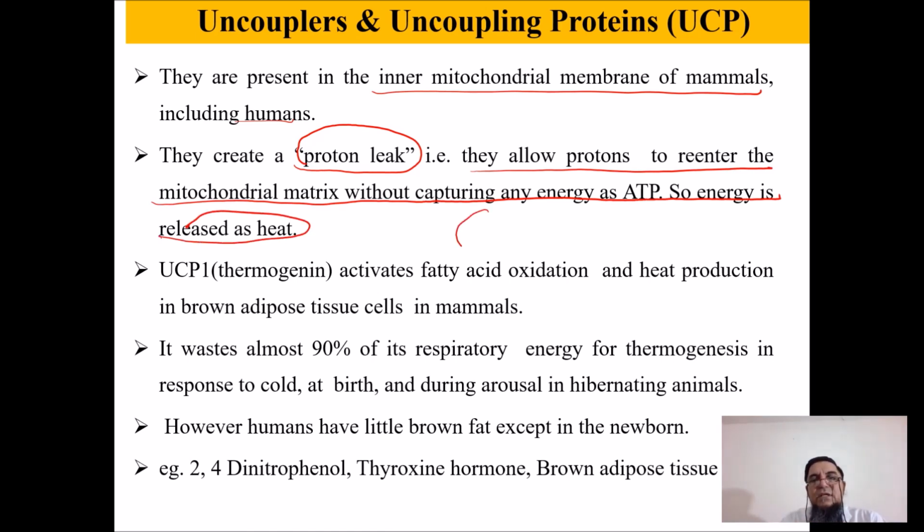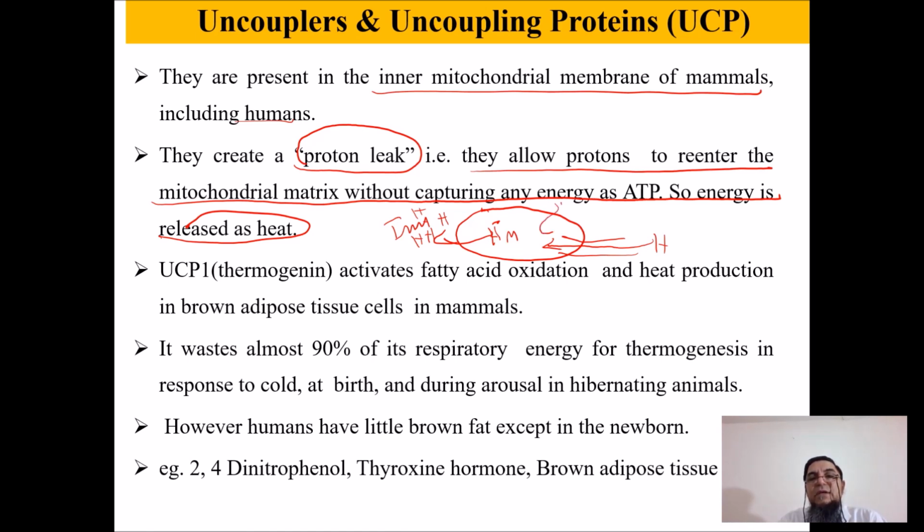As we discussed in the previous session, the hydrogen is pumped out from the matrix to the intermembrane space. So we are pushing hydrogen from in to out. But if there is another protein which is bringing hydrogen into the matrix, then it will not maintain the electrochemical gradient.